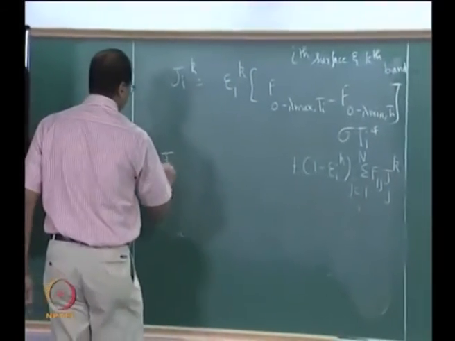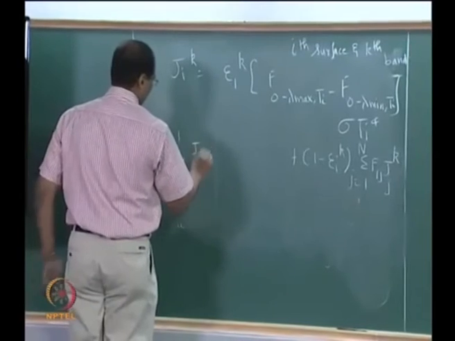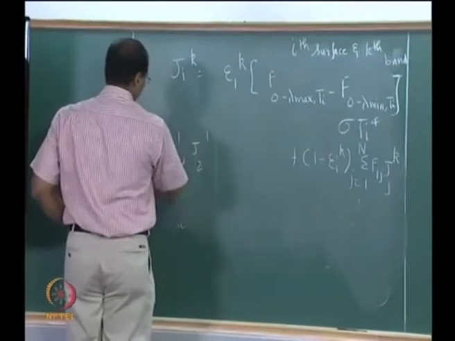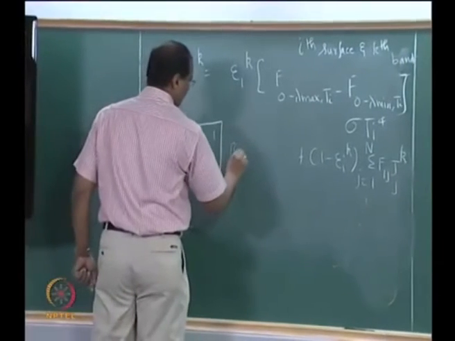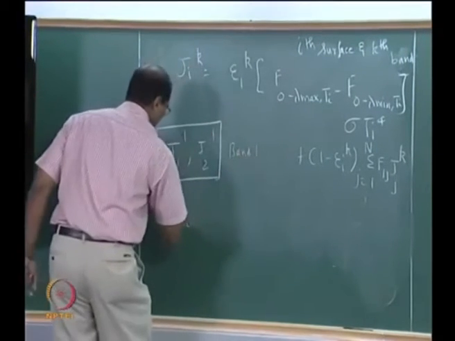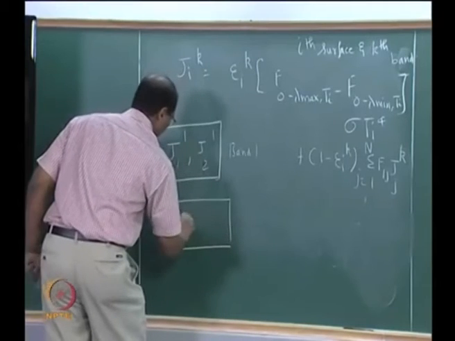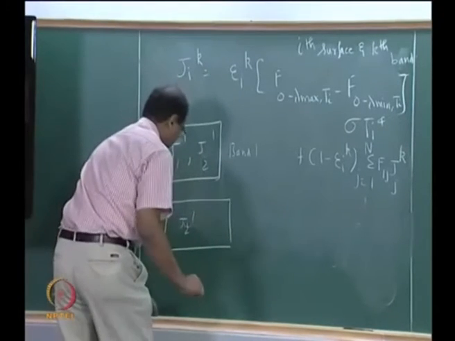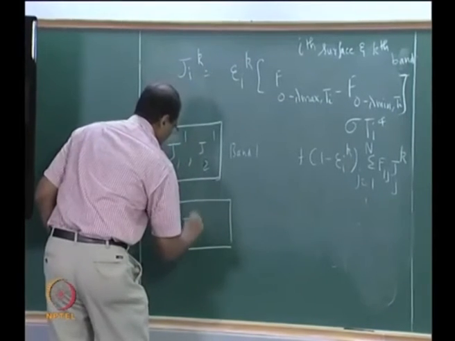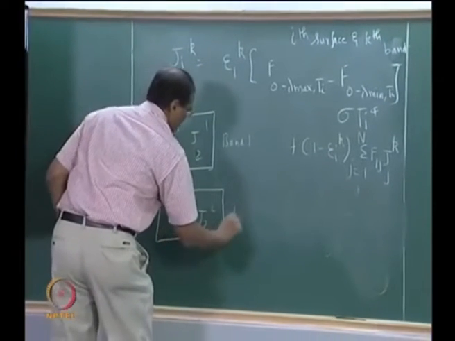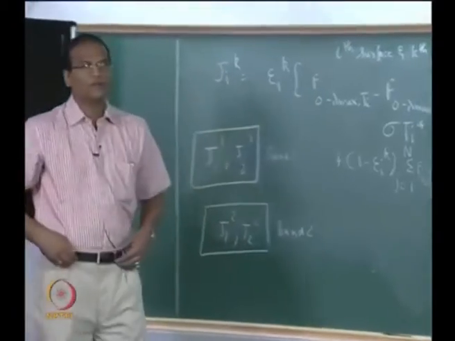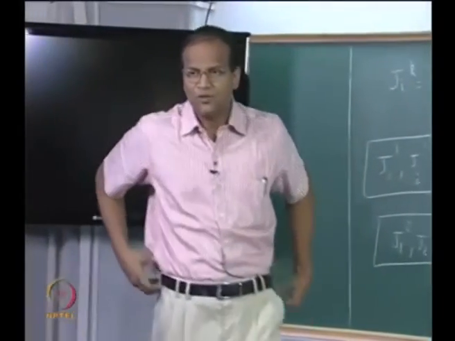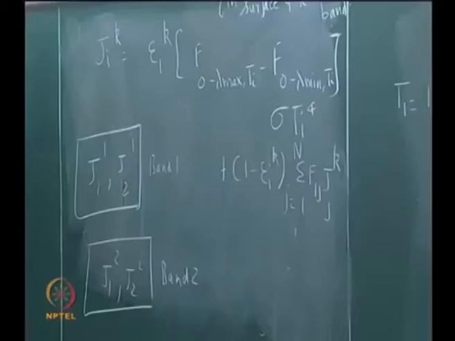So we can solve for band 1. Then you can add the J's, you can add the q's and get the total q, right, whatever you want.